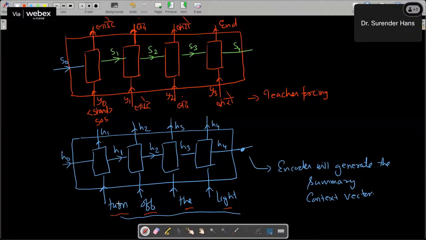So the answer is, I only need this word light from the input. And if you knew the light from the input, you could print this light easily. If you know this word, then you can easily print this light. Correct?